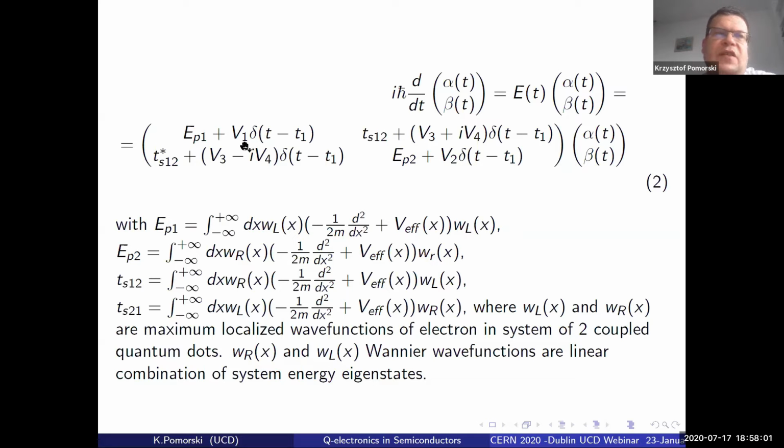So obviously I can model these things by a Gaussian-like function, but to be very simple, I just model this function as a Dirac delta function, right? So there's like a kick to the state of this position-based qubit. So I have AP1 plus V times Dirac delta function. So this is the change of occupancy on the left quantum dot.